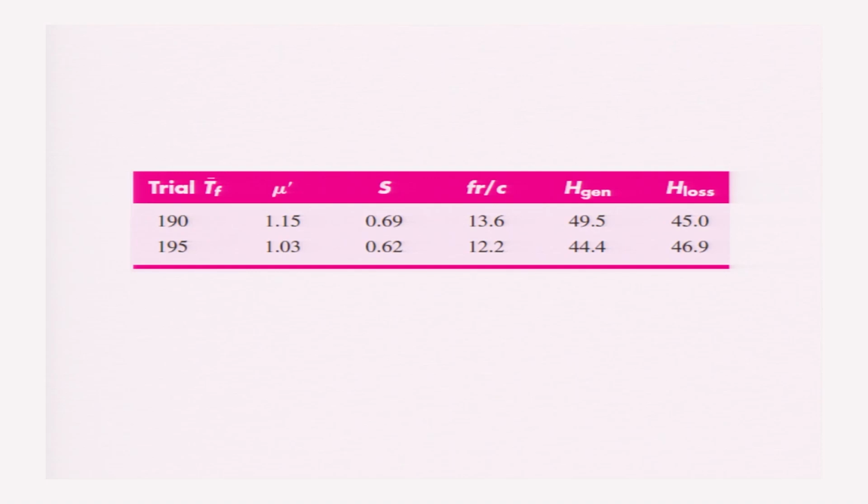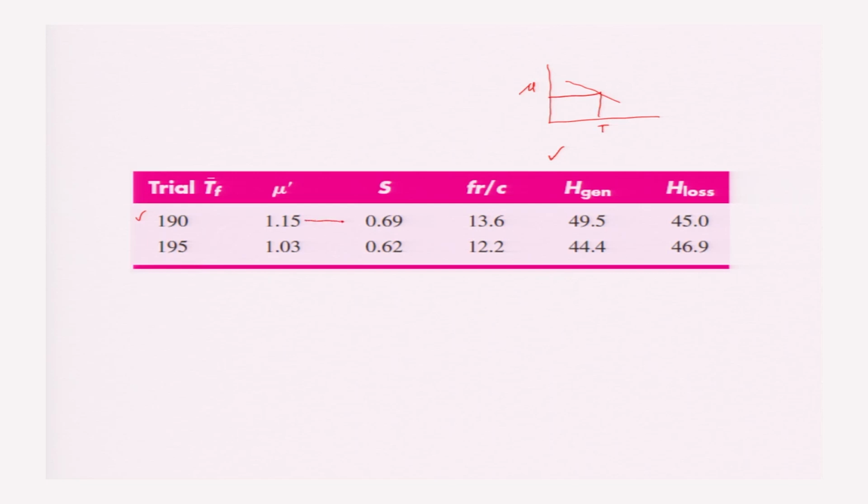One of the tables is shown here, and that table corresponds to a numerical problem in which first the trial temperature was taken as 190 Fahrenheit, and corresponding to that temperature the viscosity mu was obtained from this curve, mu versus temperature. So, knowing the temperature, you can get the value of this mu.